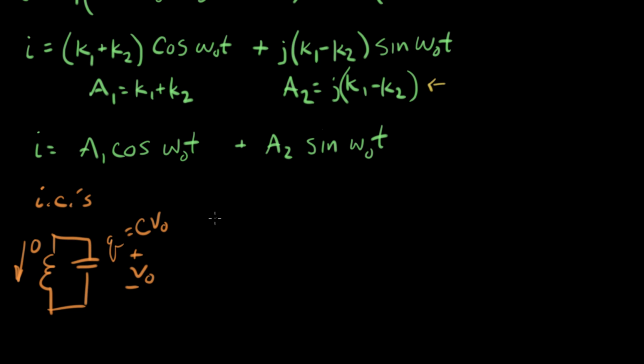So that's our initial conditions. V of time equals 0 equals V naught, and current of time equals 0 equals 0. Let's use these two values to help us figure out what A1 and A2 are. And we'll do that in the next video as we continue the derivation of the natural response.